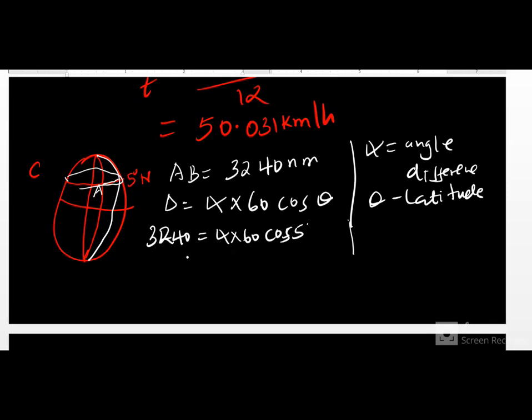So 3240 is equal to 59.77 alpha. We want alpha, so we divide both sides by 59.77.